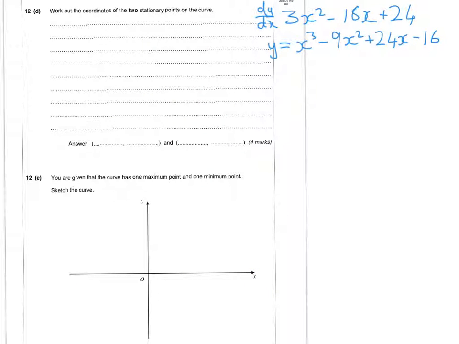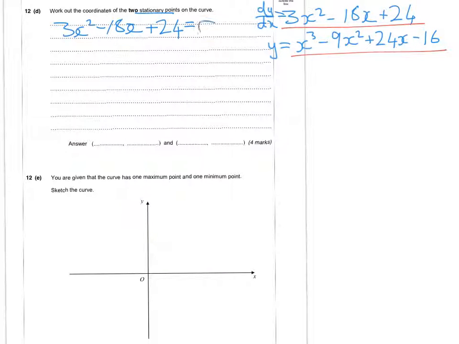Okay, work out the coordinates of the two stationary points on the curve. So I've copied my dy by dx from the previous page and the equation of the curve from the previous page. So stationary points, dy by dx is equal to 0. So 3x squared minus 18x plus 24 is equal to 0.